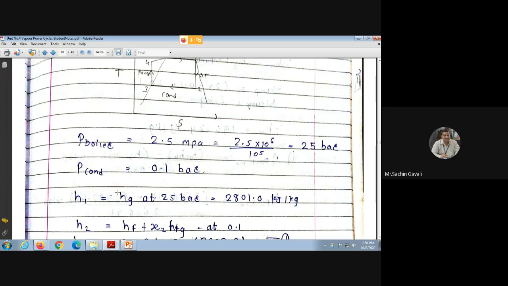Now P condenser is 0.1 bar. H1 is equal to Hg at 25 bar. So we have to take the Hg value at 25 bar. It might be coming as 2801.0 kilojoule per kg. Again, point number 2 is in the wet region. Up to this I think everybody has completed.